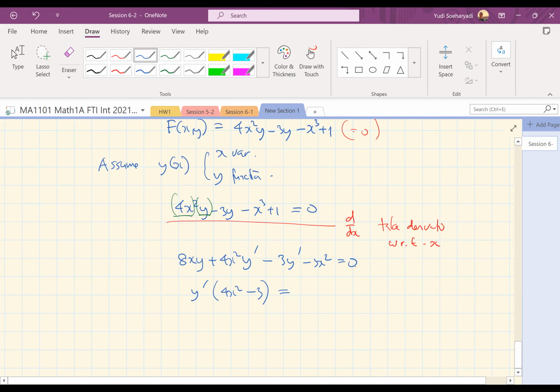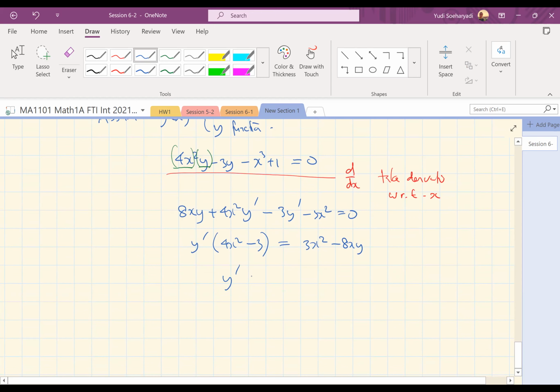So here you remove 3x squared and minus 8. Right, so finally you get this y prime.